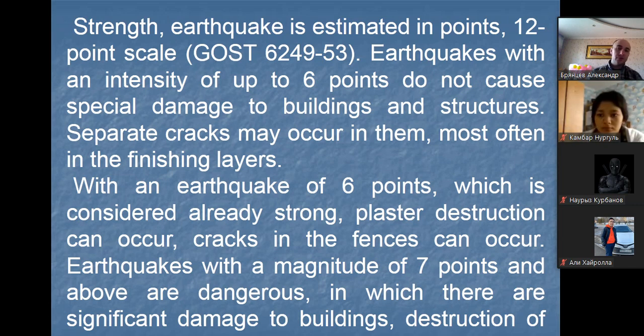For instance, in Almaty and the Almaty region, the estimated strengths are 9 and 10 points. So it requires engineers and architects to apply special measures and special designs which will protect our buildings from collapsing.